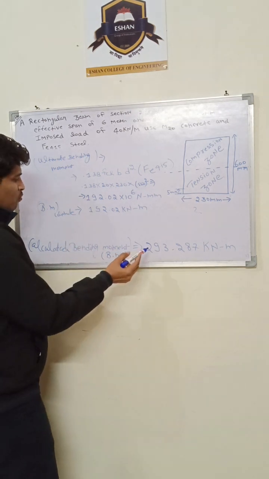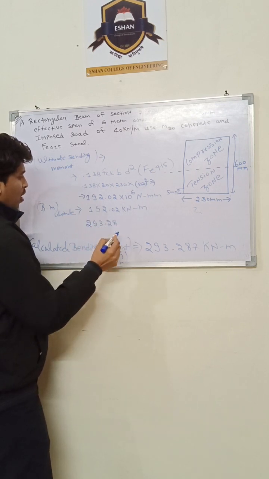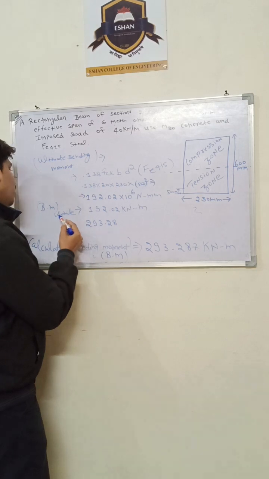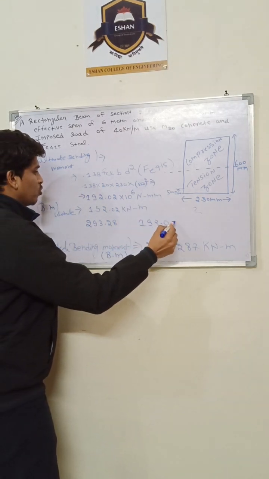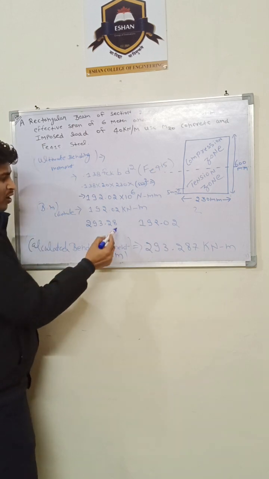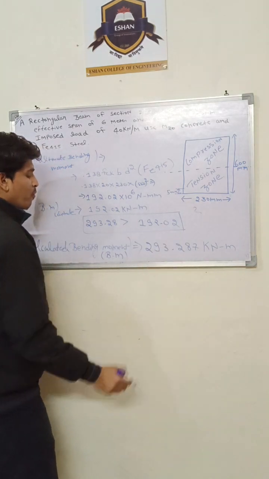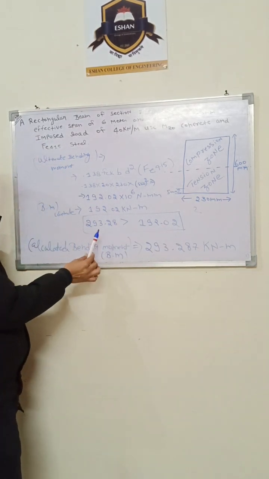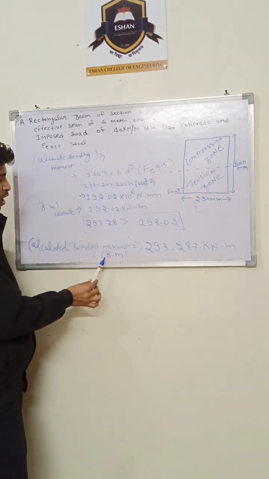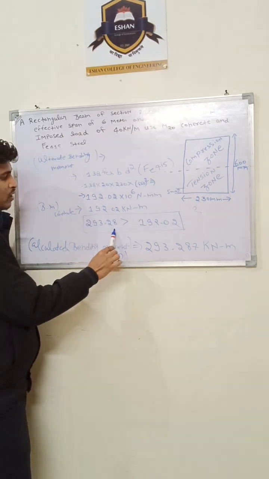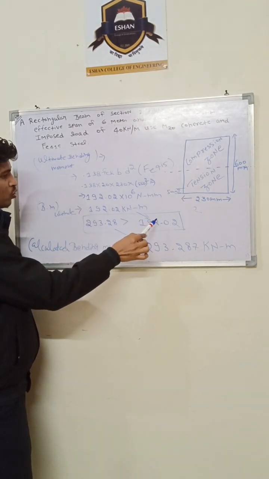The calculated bending moment is 293.28 and the ultimate bending moment is 192.02. So here the calculated bending moment is greater than the ultimate bending moment. This is a clear situation. We can see that the calculated bending moment is 293.28 and the ultimate bending moment is 192.02.